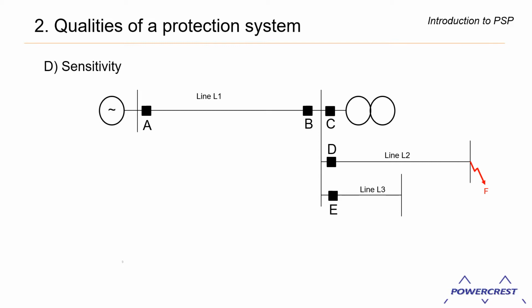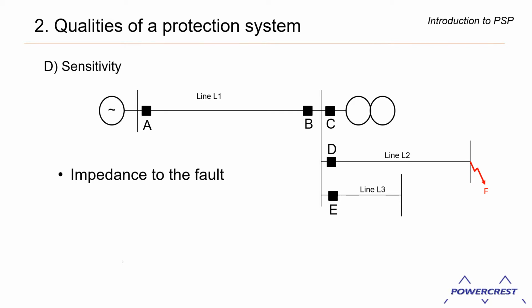However, in order to do so, it needs to be able to detect the fault at F, right, under minimum fault conditions. In other words, for the minimum fault current, we need to have A still detecting it. So, to detect that fault under minimum conditions, we need to consider a couple of factors.